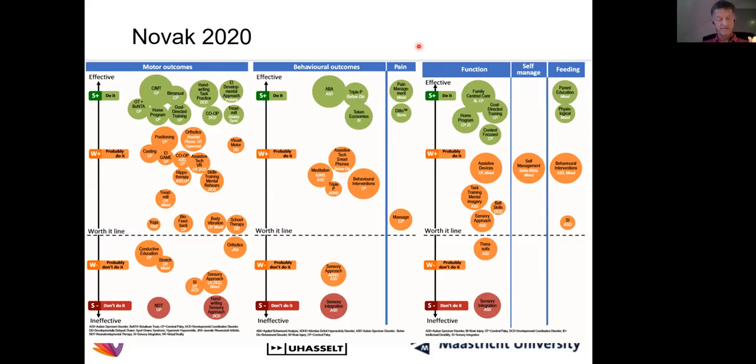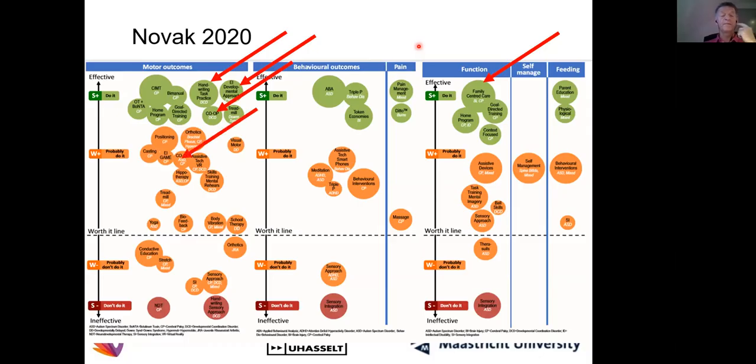And what was very good to see, that the same programs kept showing the evidence, so evidence was added, but in other target groups like DCD, developmental coordination disorder, and kids with developmental problems, again, the CO-OP therapy has shown to be effective. However, and at the end, for the functioning and more on the participation and self-management, the family-centered care became more popular.